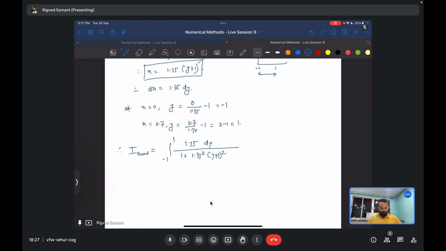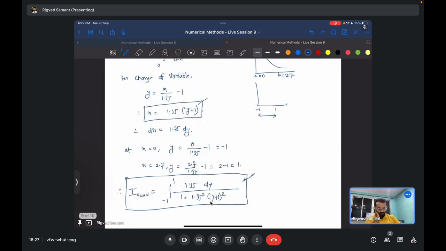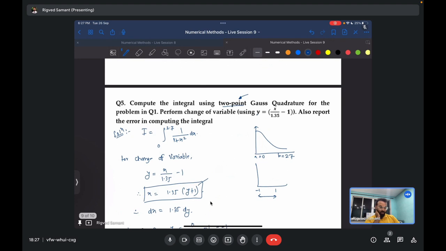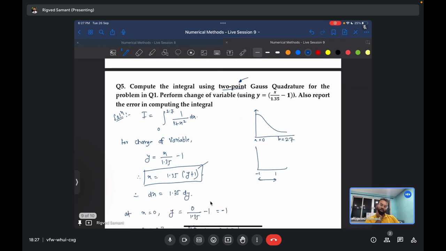Okay, so this is your I quadrature. So whatever you will do from this point onwards, you will do it on this integrand, not on that one, because for a Gauss quadrature the formula, the integrand should be from -1 to 1.